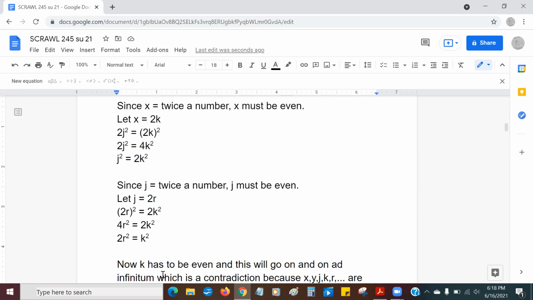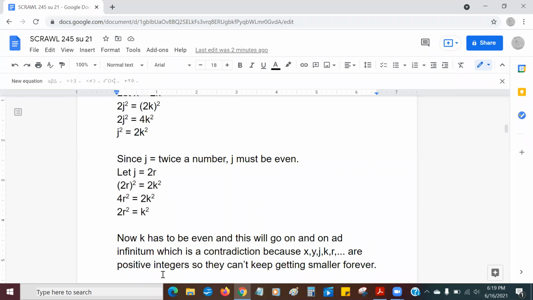But that's a contradiction, because x, y, j, k, r are all positive integers and they're all getting smaller. Obviously j and k are less than x and y, and r is less than j. These numbers are infinitely descending, and that's not possible with positive integers.